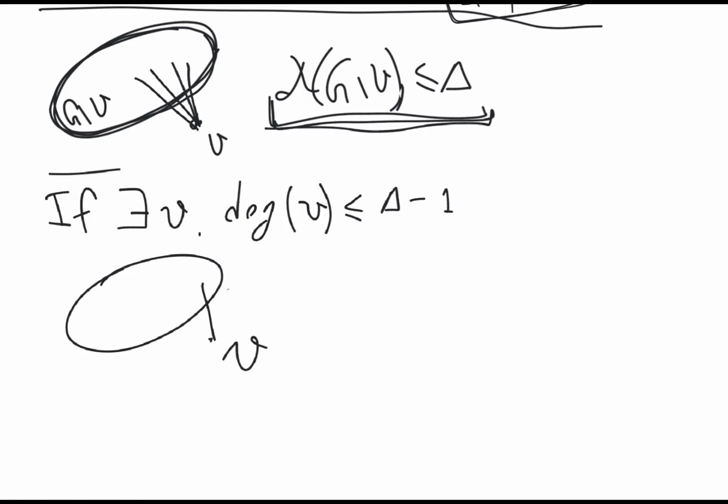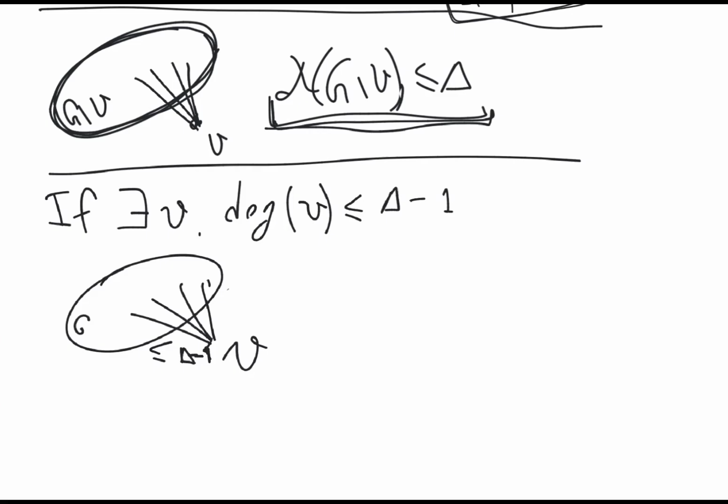Now in this case we have at most delta minus 1 neighbors of v in this graph g minus v. So it is colorable into delta colors by this, and we have at most delta minus 1 neighbors of v in this graph.